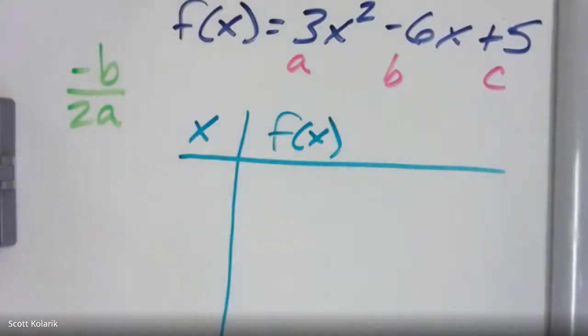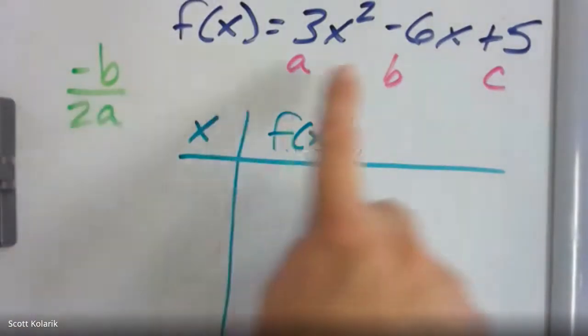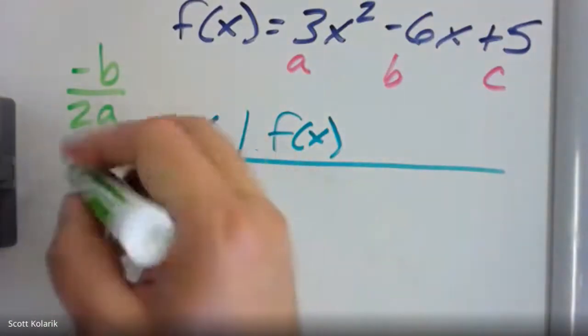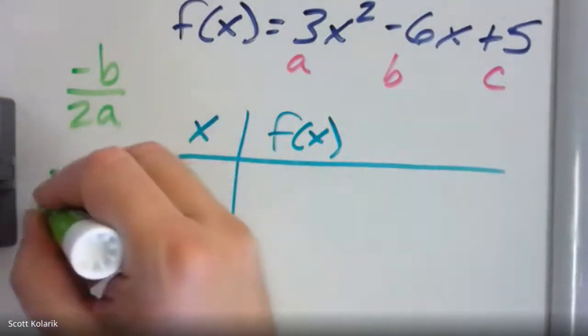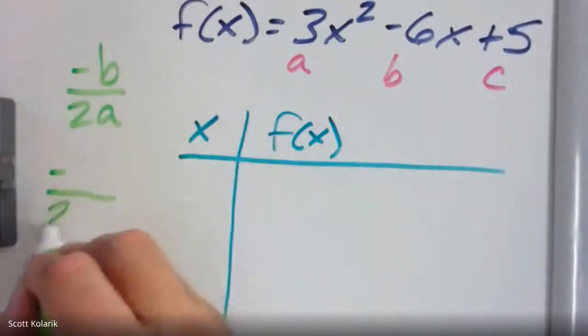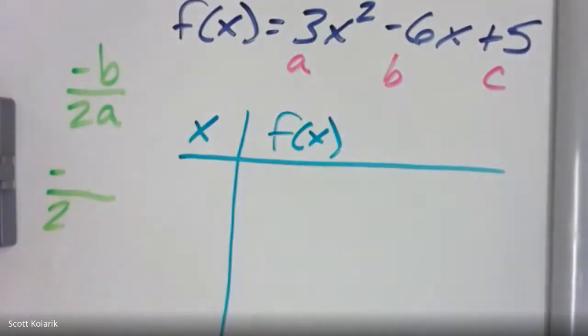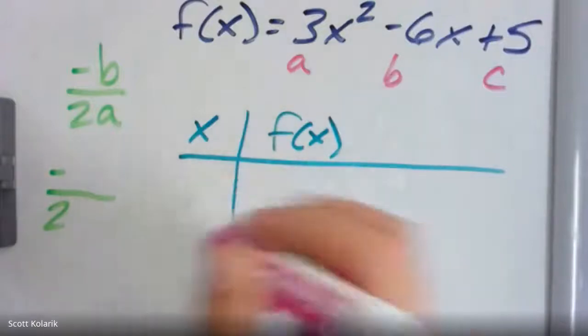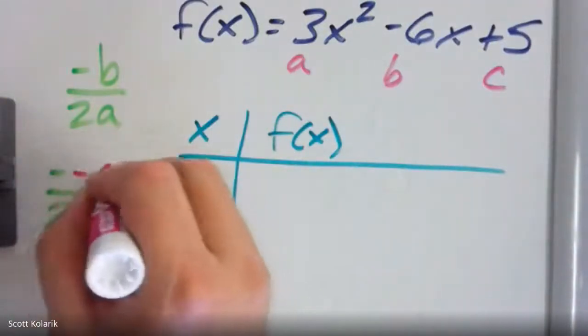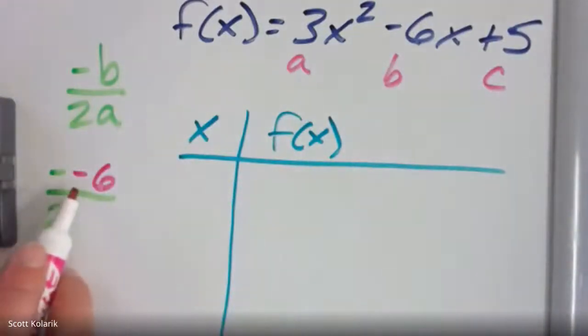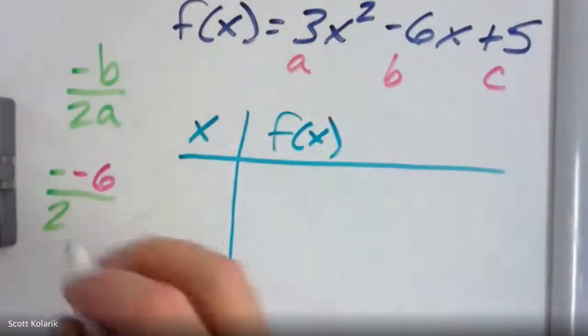All right, so plugging in here, I know I'm going to have a negative b, whatever b is, over 2 times whatever a is. Let me replace those things now. So b here is negative 6. So I purposely wrote the negative twice because that's going to end up canceling and making it positive. 2 times a, well, a here is this positive 3.